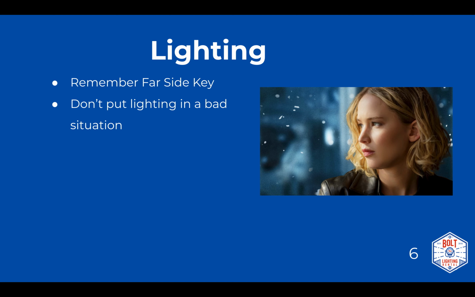That sounds like a very difficult situation to light, because you're kind of forced to light from the camera's perspective. So you can't really get that far side key in or anything like that. Maybe it works for the scene, or for the story, but you just have to think about those things.